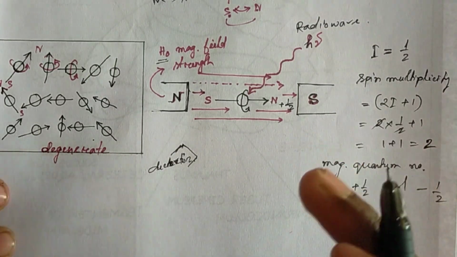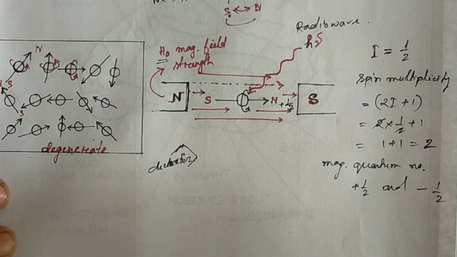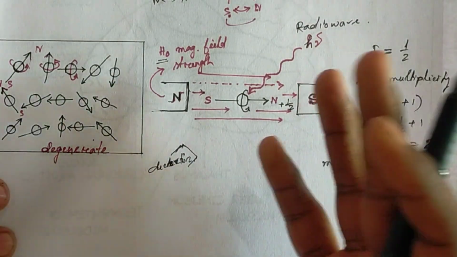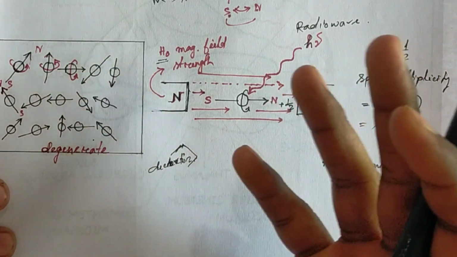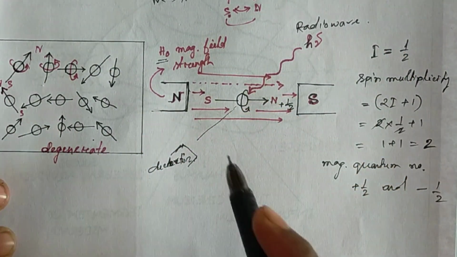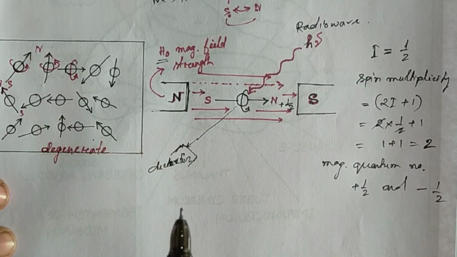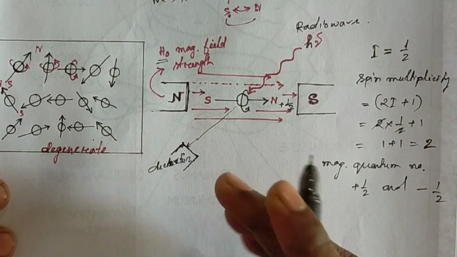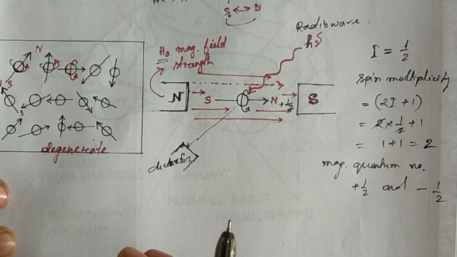So we are increasing the frequency of the light, but the whole light will be transmitted through the nucleus and fall on this detector, and we will get 100% transmittance.